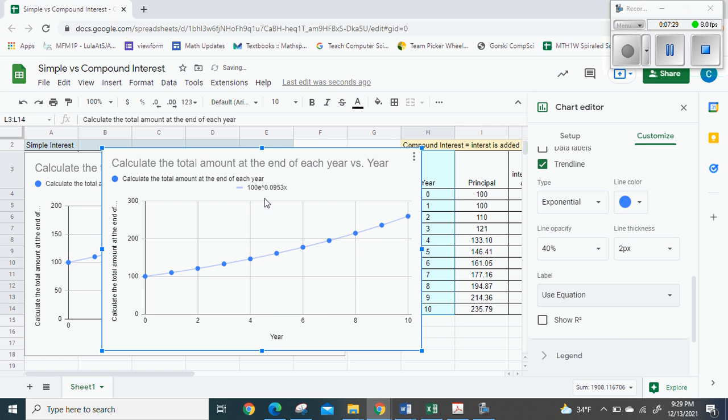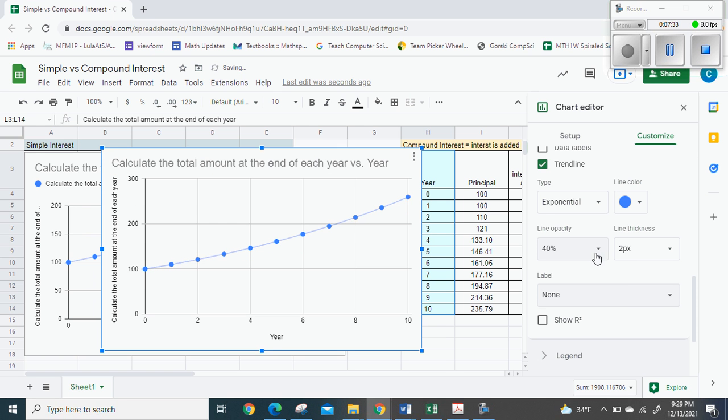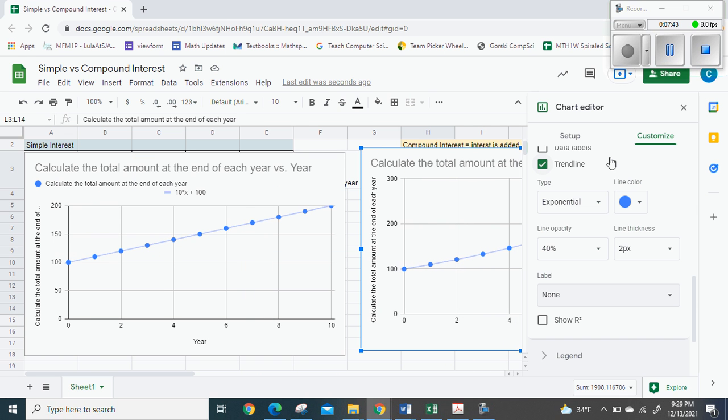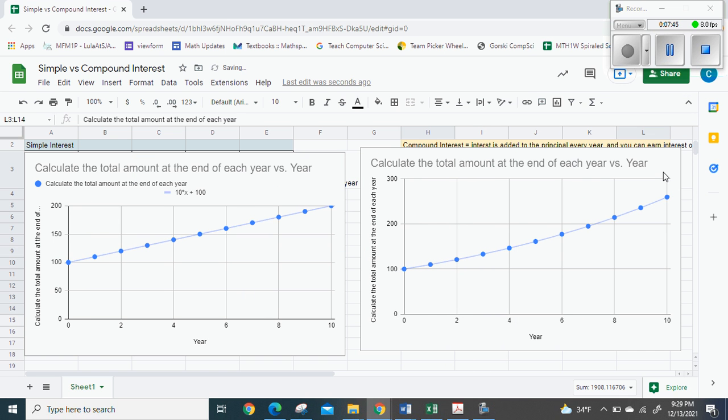So that equation, whoa, that looks funny. Let's take that off. You're not ready for that. Okay. So it's curvy, and it's going to keep curving. So it's definitely not linear anymore. Compound interest is not linear, but it sure gets big pretty fast.